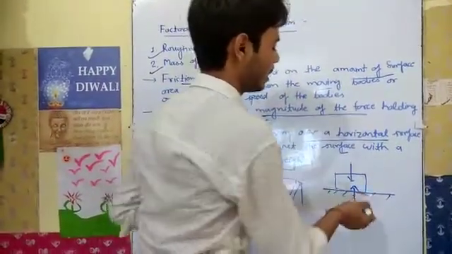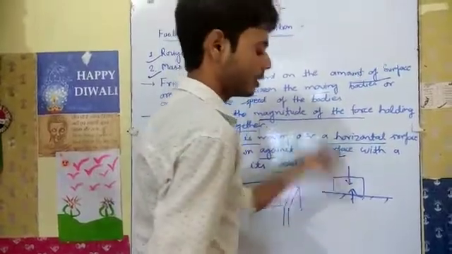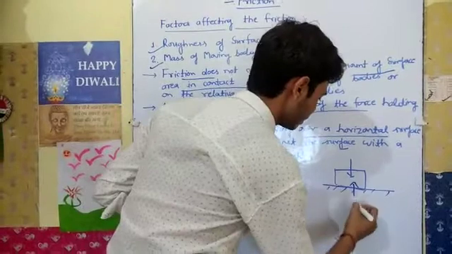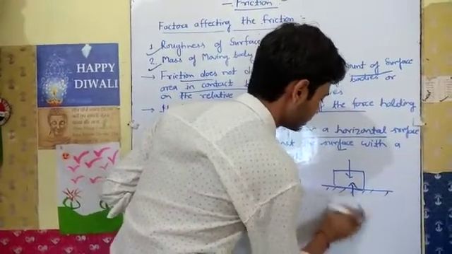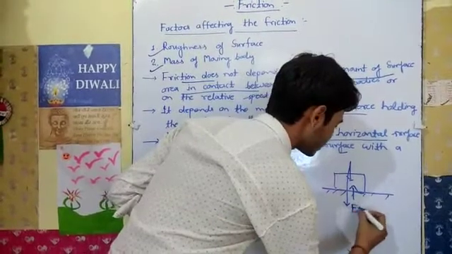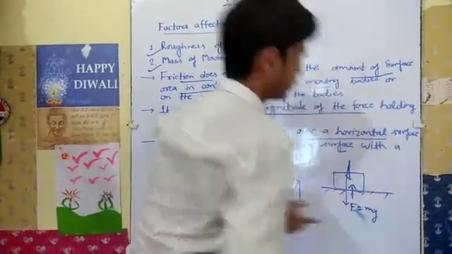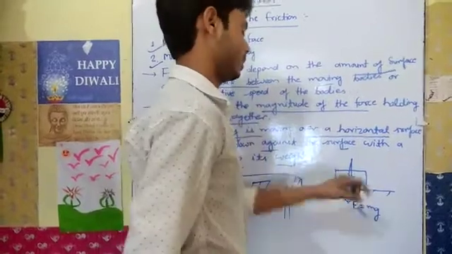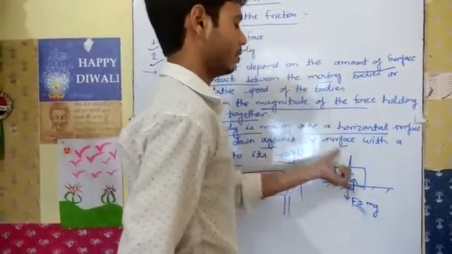This force is F equals mg, the mass of the object times g, and this force is acting in the opposite direction.